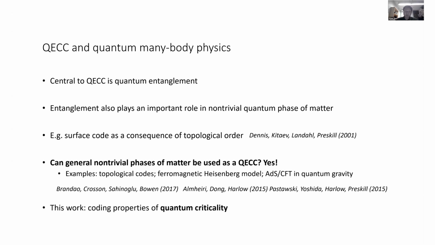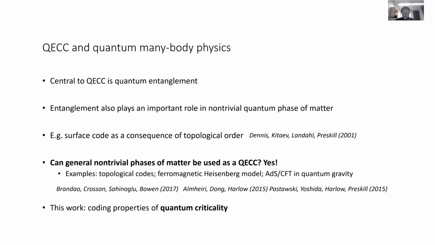But entanglement also plays an important role in quantum phases of matter. If you think about superconductivity, superfluid, the ground states are highly entangled. So entanglement also characterizes non-trivial quantum phases of matter.